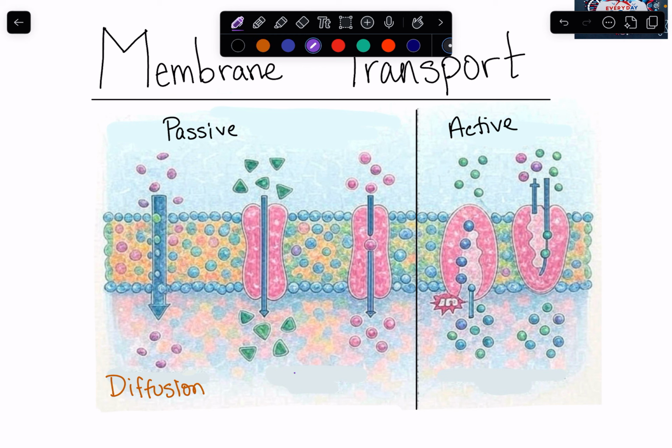And the second type that we have is called facilitated diffusion. And on the active transport side, we just have one specific type. That's it. There's no other subcategory that we need to discuss.